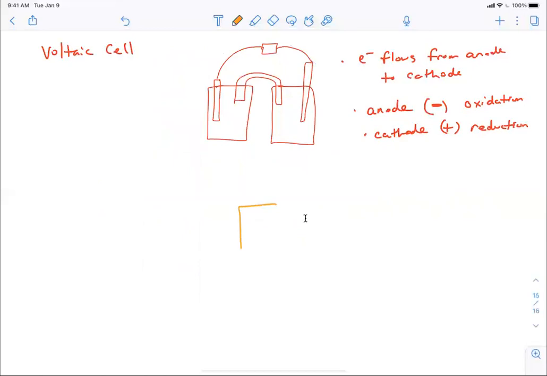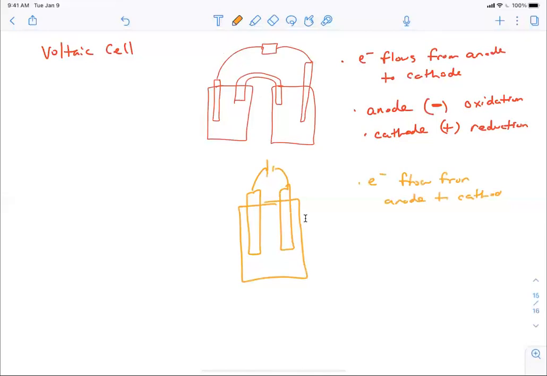The electrolytic cell, and we'll talk about this a little more in higher level in the details you need to memorize. But again, electrons still flow from anode to cathode. So pay close attention to that. The anode here is positive and the cathode here is negative, but it still undergoes the same reactions as the voltaic does. And so there is a similarity there.